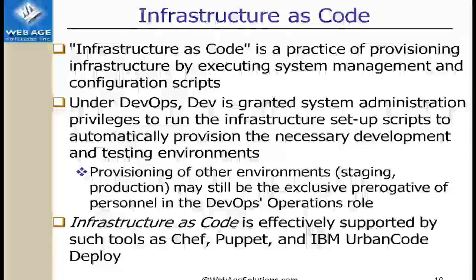In many cases, under a DevOps arrangement, development can be given system administration privileges to run those scripts, and developers would act as testers of administration scripts. It speaks to reason that dealing with staging and production should still be a privileged activity totally owned by operations.